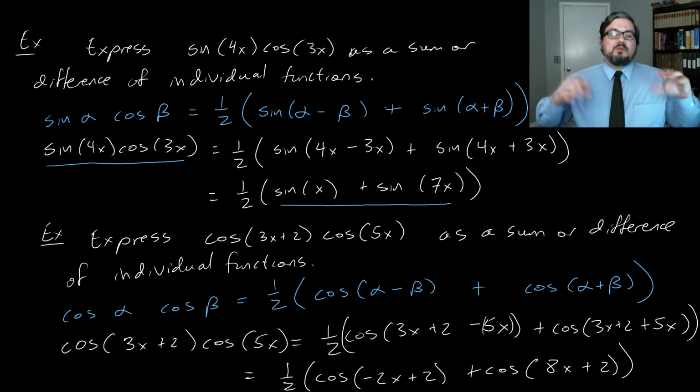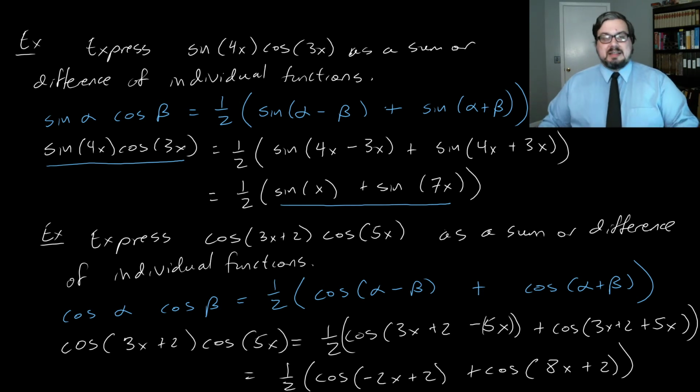So if you can work out your problem to be a product of a bunch of things equaling 0, then you can take each one of the factors and set them equal to 0, which makes your problem a lot easier. And so let's look again at this sine alpha cosine beta situation here.